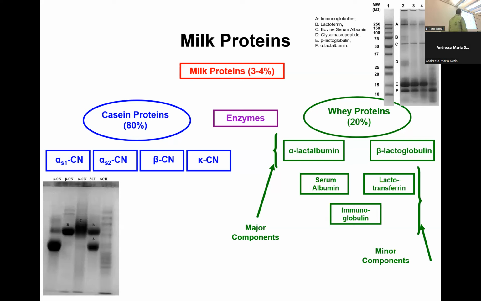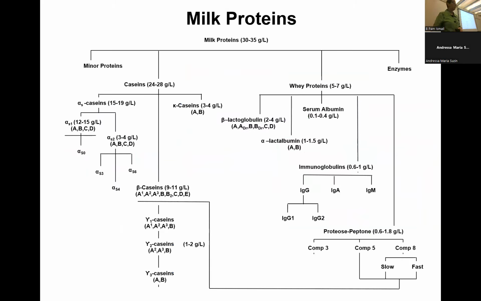So these are the minor components that we talked about: serum albumin, lactotransferrin or lactoferrin for short, and immunoglobulins. You will find those in the whey fraction, but the major components that drive the functionality of whey protein are beta-lactoglobulin and alpha-lactalbumin.